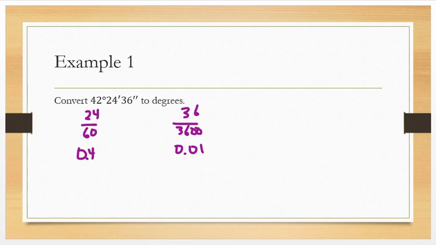So taking our original number, which was 42, we're going to have 42 plus 0.4 plus the 0.01, which gives you the number 42.41. So 42.41 degrees is the same thing as 42 degrees, 24 minutes, and 36 seconds. It's just a different way of identifying the measurement of that angle.